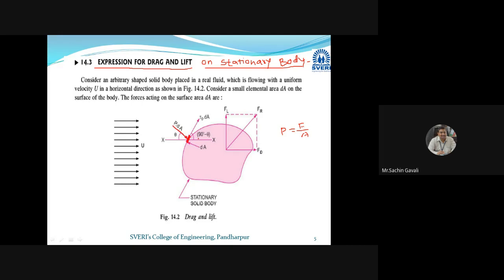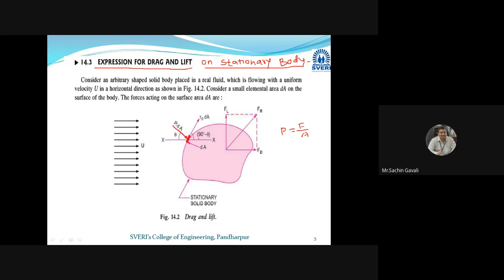Shearing action means, on the surface, on the skin of that object, the air may slide, and there will be a shearing action between the fluid and the object. So that force is what we call the shear force, or viscous force.